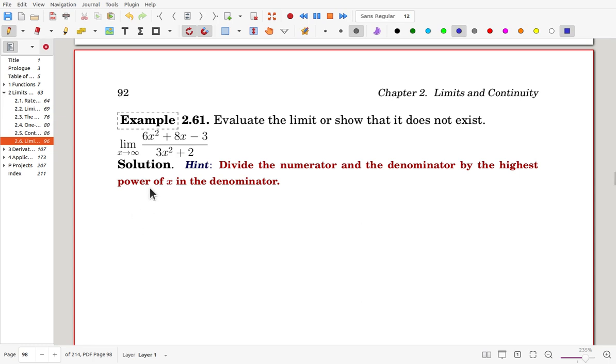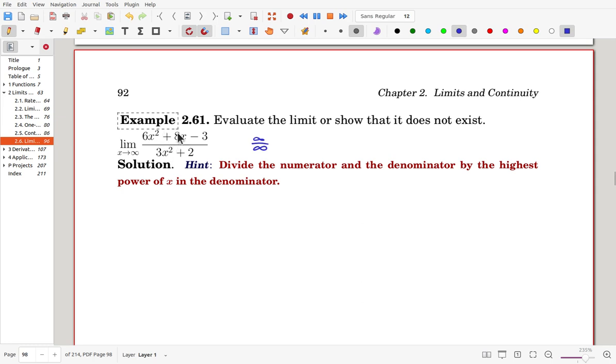Once you have such a problem, if you try to plug in infinity, then the numerator and denominator simultaneously become infinity.